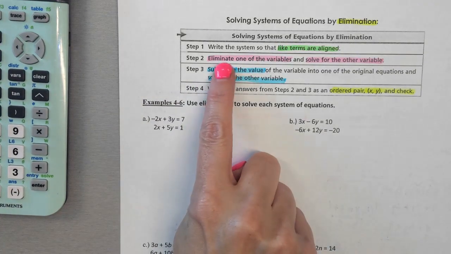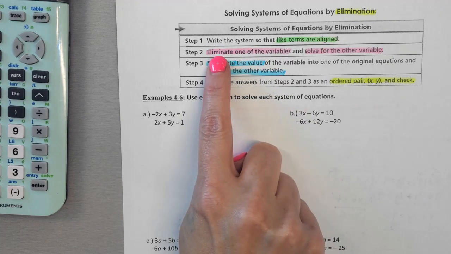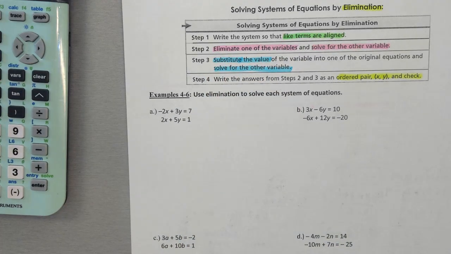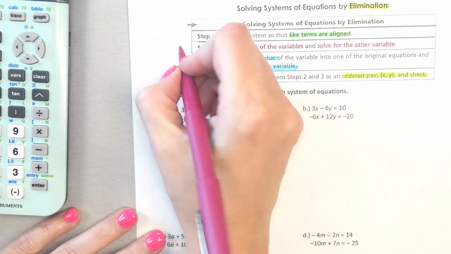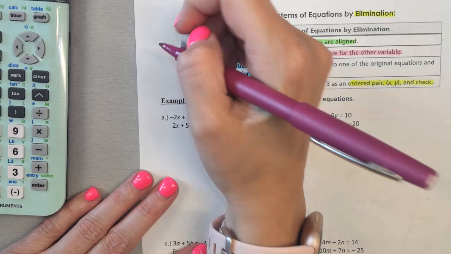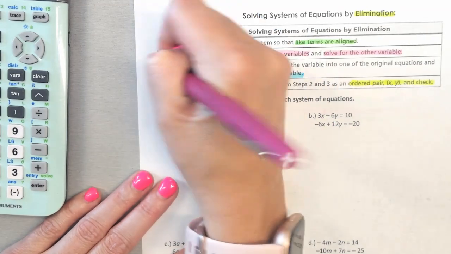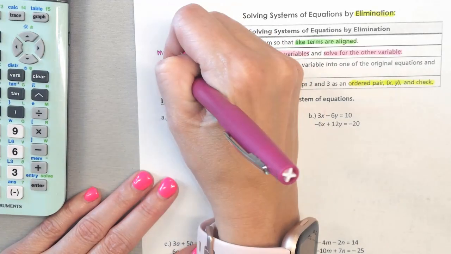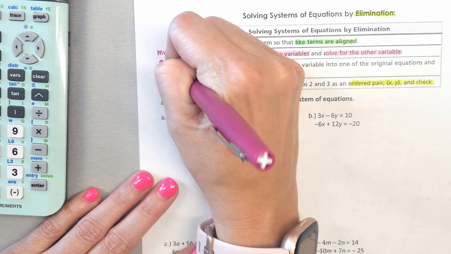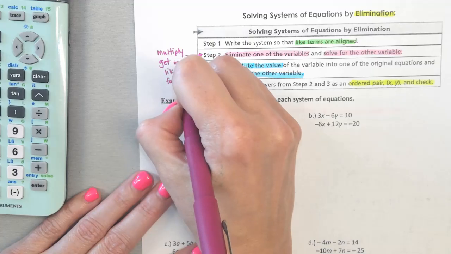When you're eliminating the variables, rarely do they automatically cancel out. It does happen, and we are going to see that happen. But a lot of times, in order to eliminate the variable, you have to multiply to get opposite like terms. That's for one variable.